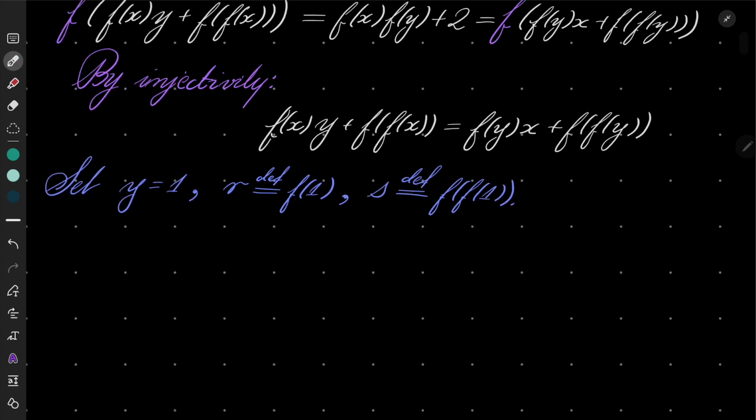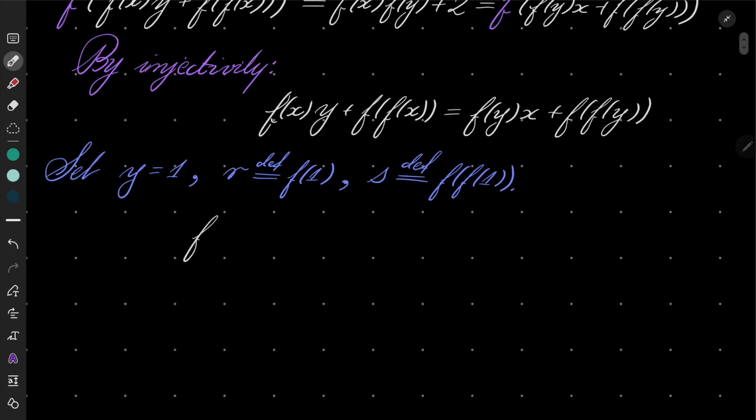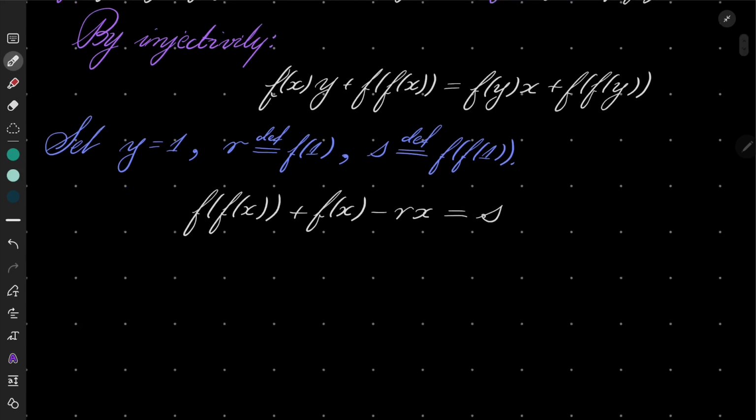And I have now the following: f of x plus f of x. Let's put this term also on the left hand side. f of 1 is by my convention just r, so I have minus rx equals, and here I have f of 1, which is by my convention just s, where r and s are some positive numbers.